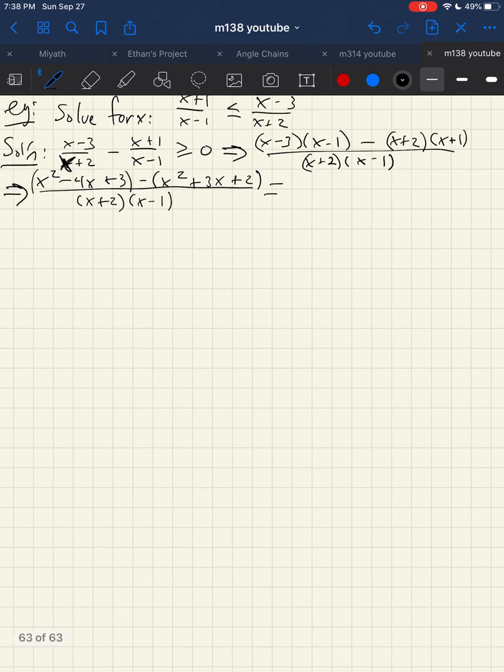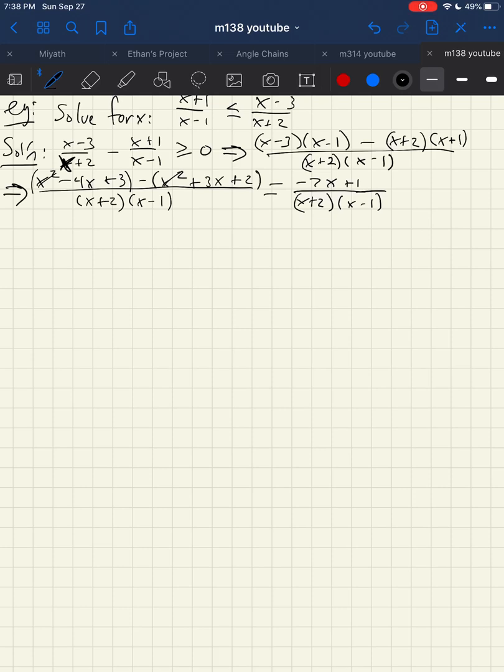Simplify the top, and I get x squared minus x squared. Those are going to cancel. I get minus 4x minus minus 3x gives us negative 7x. And then plus 3 minus 2 gives us plus 1, over (x plus 2)(x minus 1).